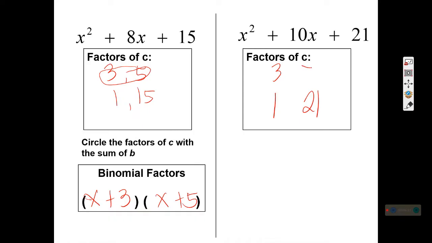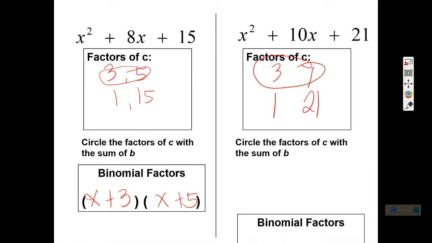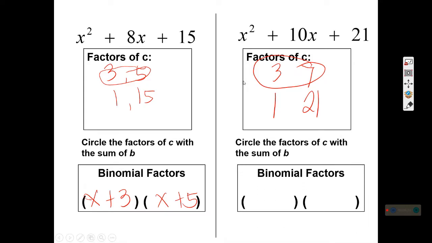And then, you are going to circle the factors of c with the sum of b, which is 10. So, you are going to use 3 and 7. Therefore, you will have the binomial factors that are x plus 3 and x plus 7. Okay? Is there any question?